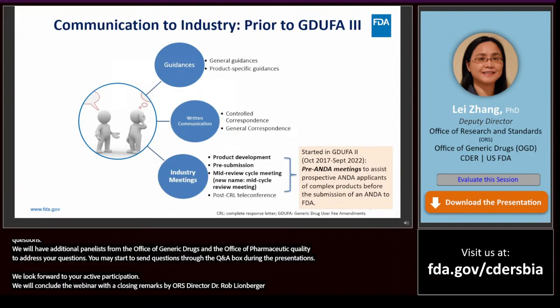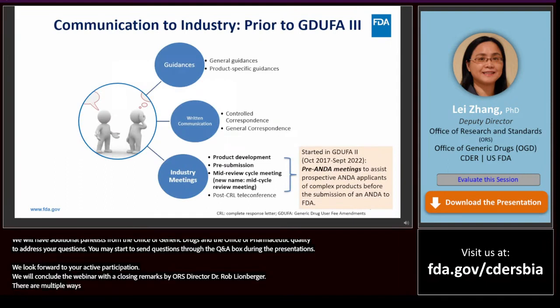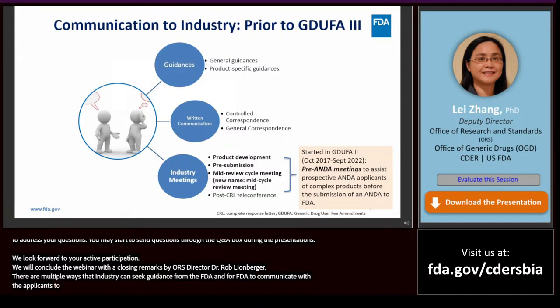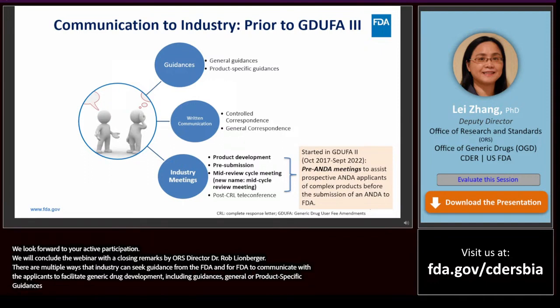There are multiple ways that industry can seek guidance from the FDA and for FDA to communicate with the applicants to facilitate generic drug development, including guidances, general or product-specific guidances. Written communication includes control correspondences or general correspondences, and industry meetings.